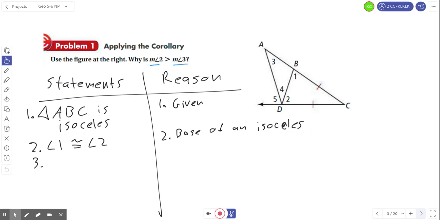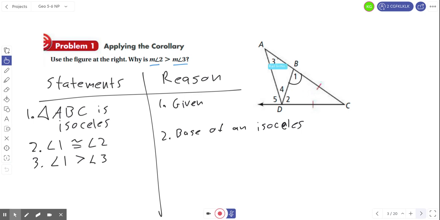Number 3, now I know they're congruent. Well, what we just learned, the corollary of the triangle exterior angle theorem, tells me that angle 1 is greater than angle 3.